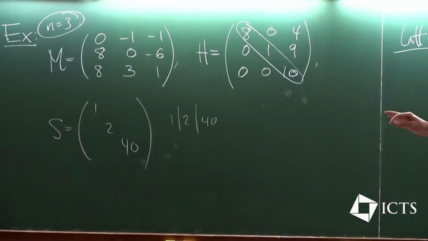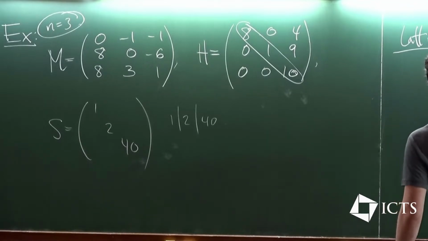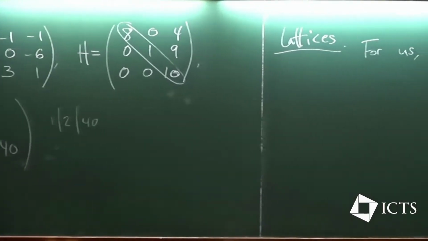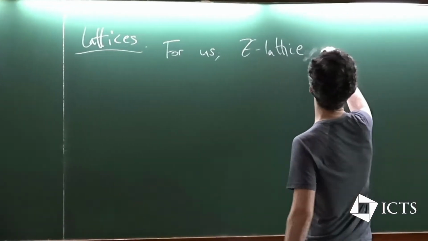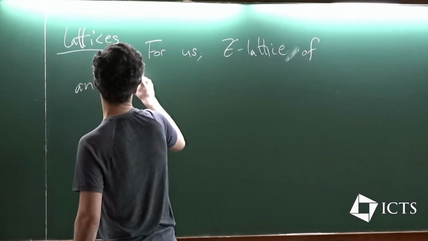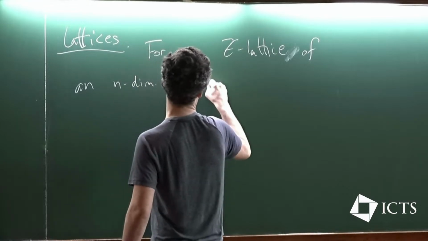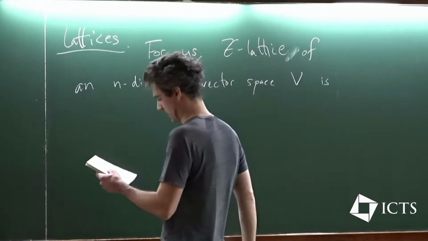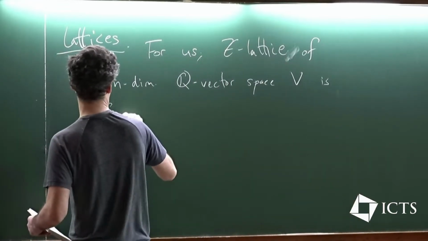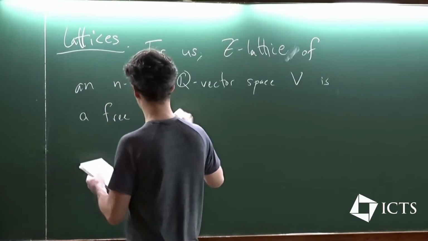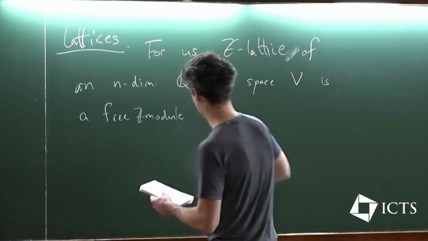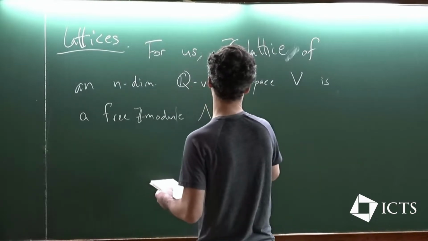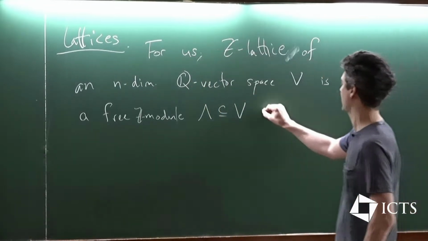How does this have to do with lattices? What does this have to do with lattices, right? So for us, I should say for me in this lecture, I'll keep it singular, a Z lattice of an n-dimensional Q vector space V is a free Z module, lambda, let's say, inside of V, of rank n.